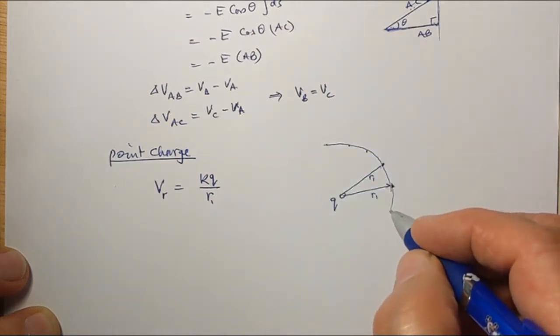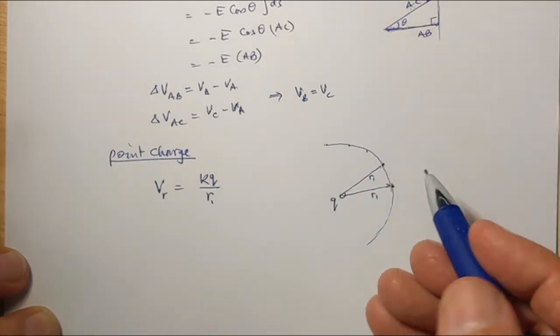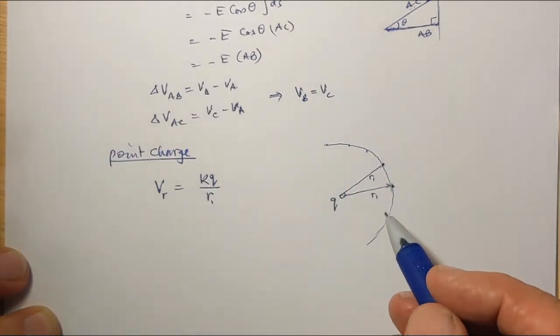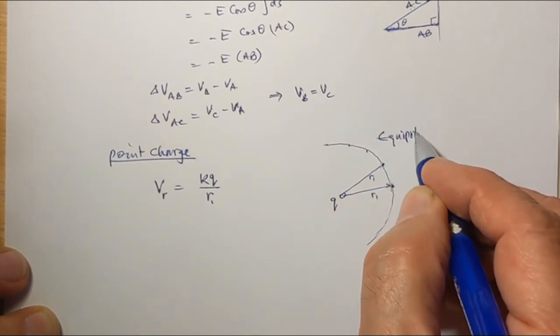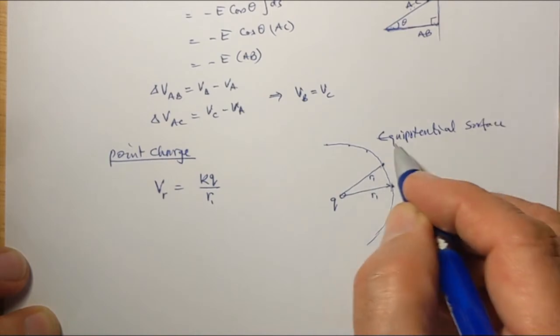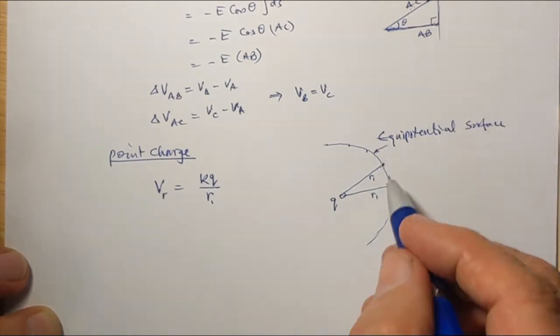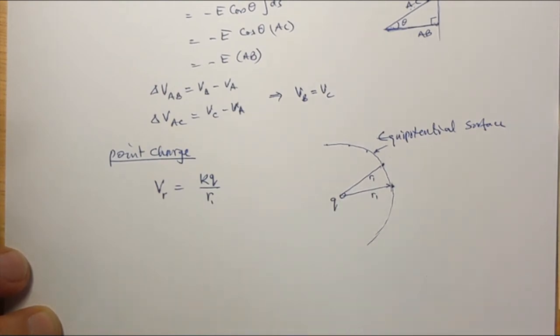So we will get a circle in 2D, and a spherical surface in 3D, which is an equipotential surface. It has the same potential everywhere because R is the same everywhere, and we just have one charge.